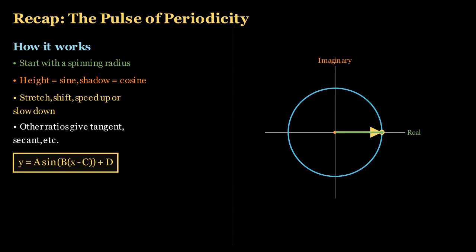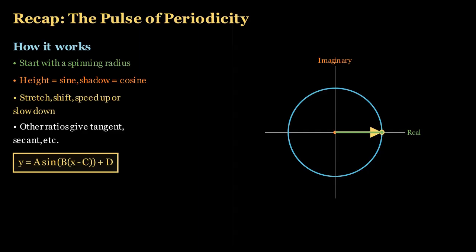Let's put it all together with a concrete example. Imagine a child on a swing. The swing's position in meters, forward and back, over time t in seconds, is given by y equals 2 times the sine of pi times t. The amplitude is 2 meters, that's how far they swing from the center.